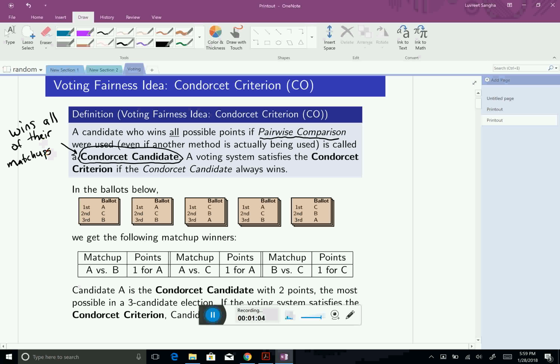Even if we're not using pairwise comparison as the voting method, we can still talk about the Condorcet candidate. A Condorcet candidate is just somebody that, if we were looking at all the matchups, wins all their matchups. So a Condorcet candidate would win all possible points if we were using pairwise comparison.